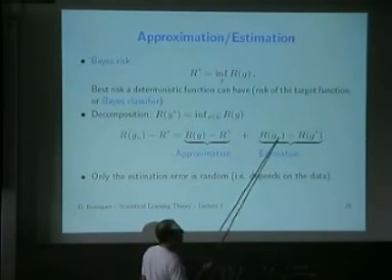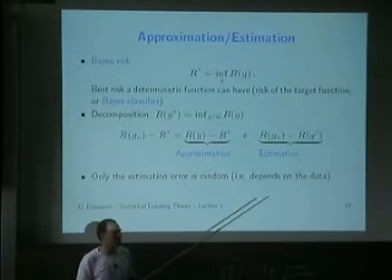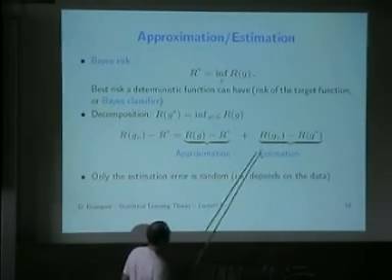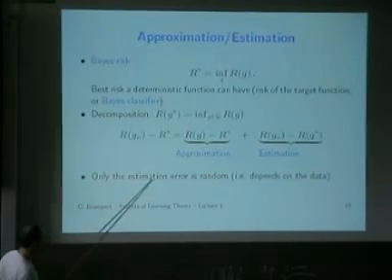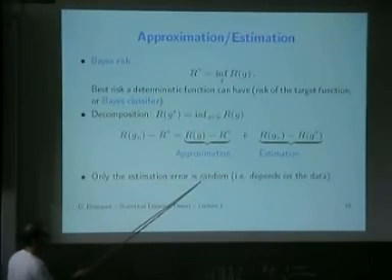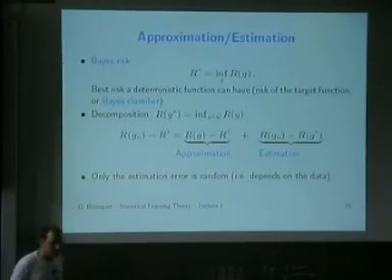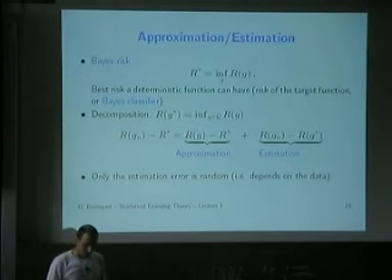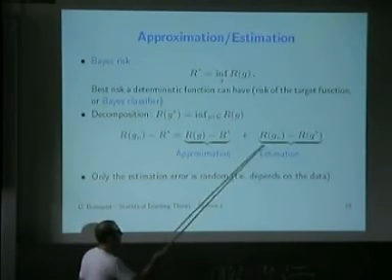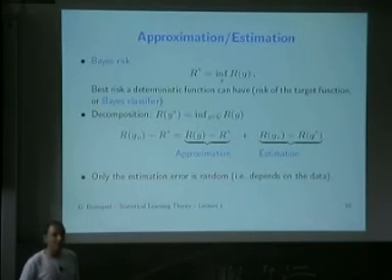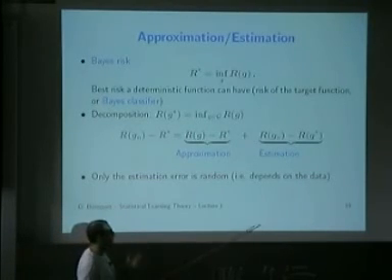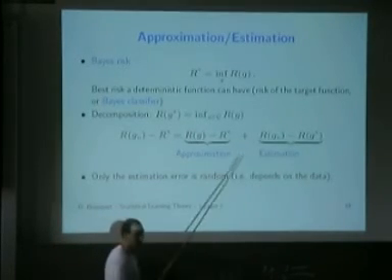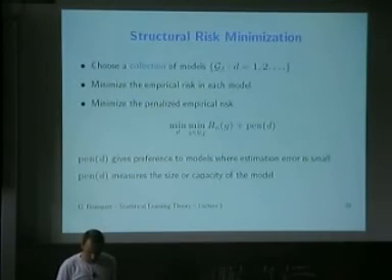How much the data is misleading will be captured by this estimation error. And that's the only term in this sum that is random, that depends on the data. One of the most studied objects is really this quantity here, and our goal will be to provide quantitative estimates of this estimation error.